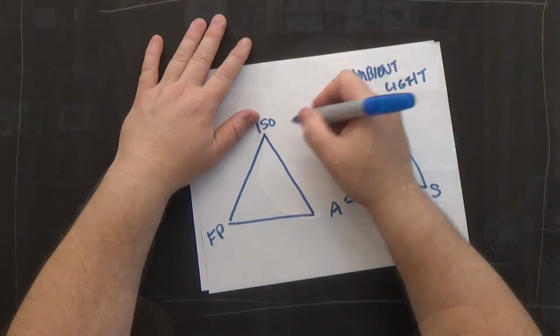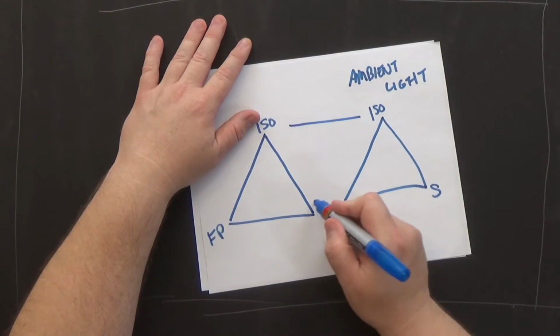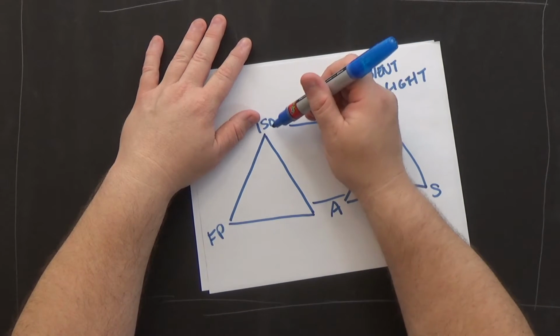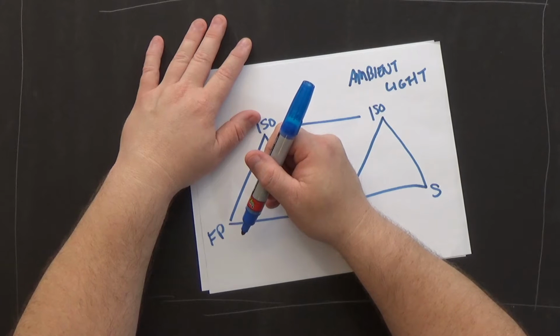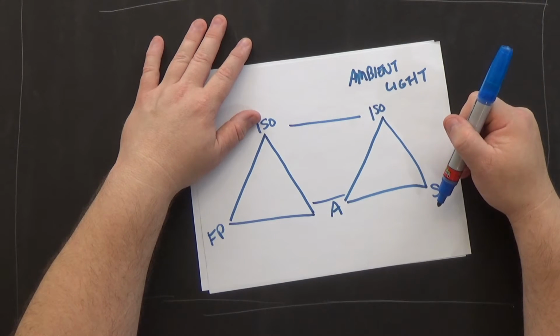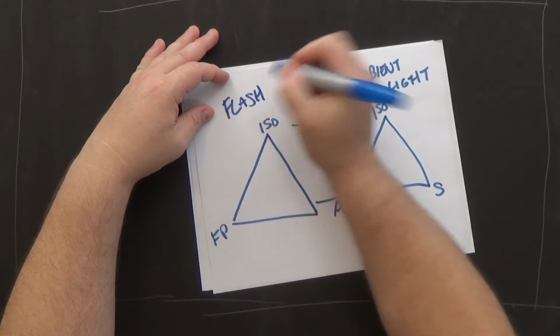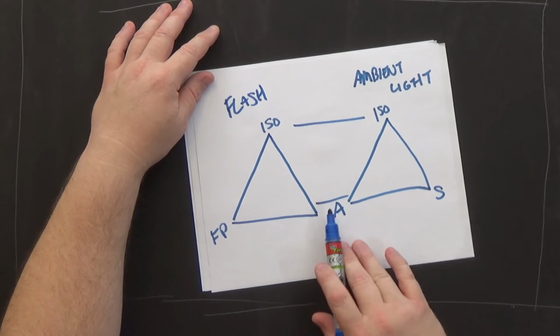So our ISOs are locked in the same, apertures are locked in the same. If we change our ISO, it affects our flash exposure as well as our ambient light exposure. And like I said, if we change our aperture, it also affects both our flash and our ambient light.